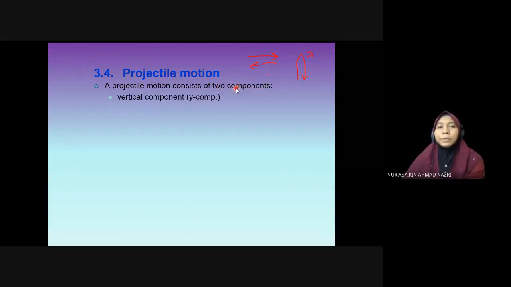So we have the vertical component, which is the motion under constant acceleration, which means the object always moves with a uniform acceleration, our gravitational acceleration, negative y, 9.81.